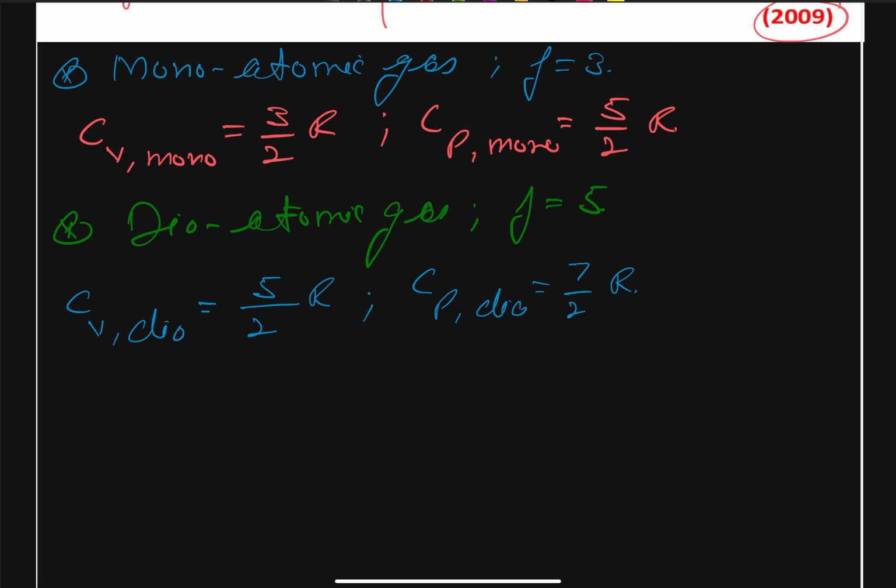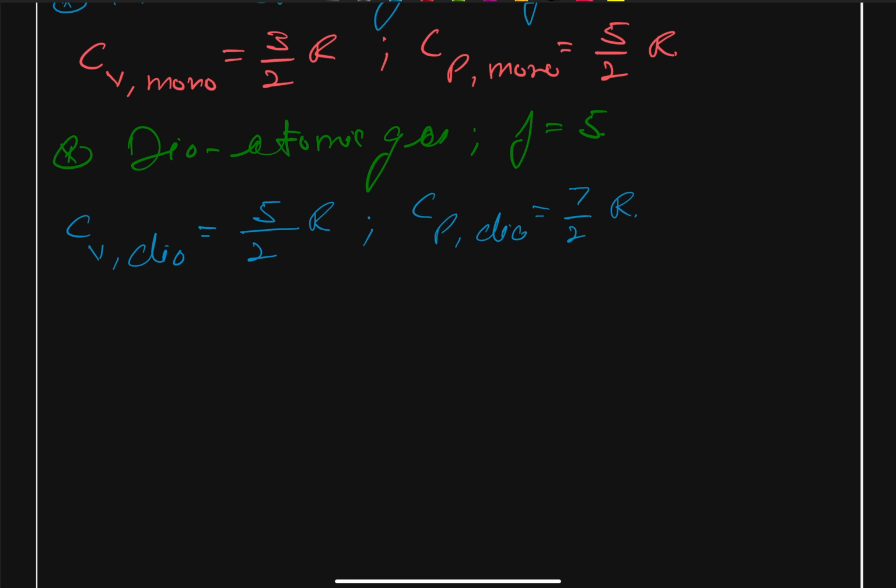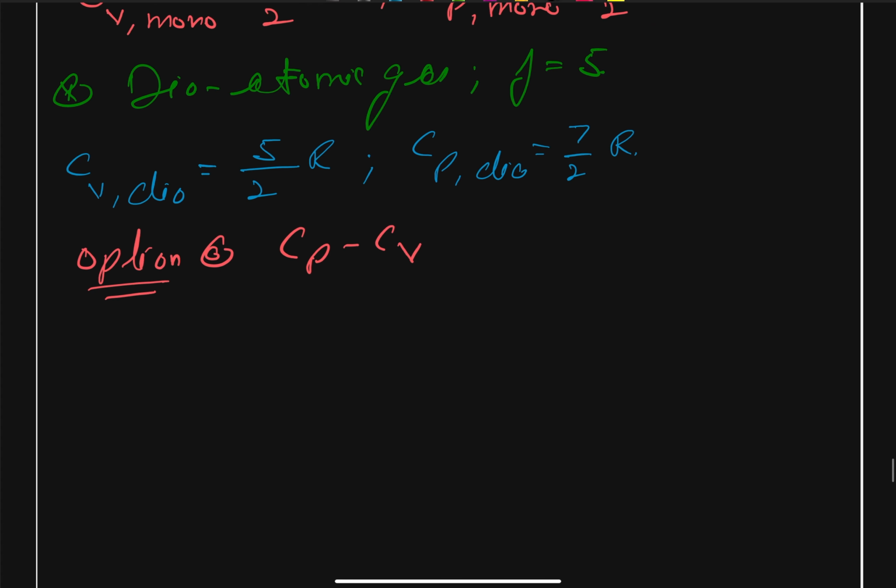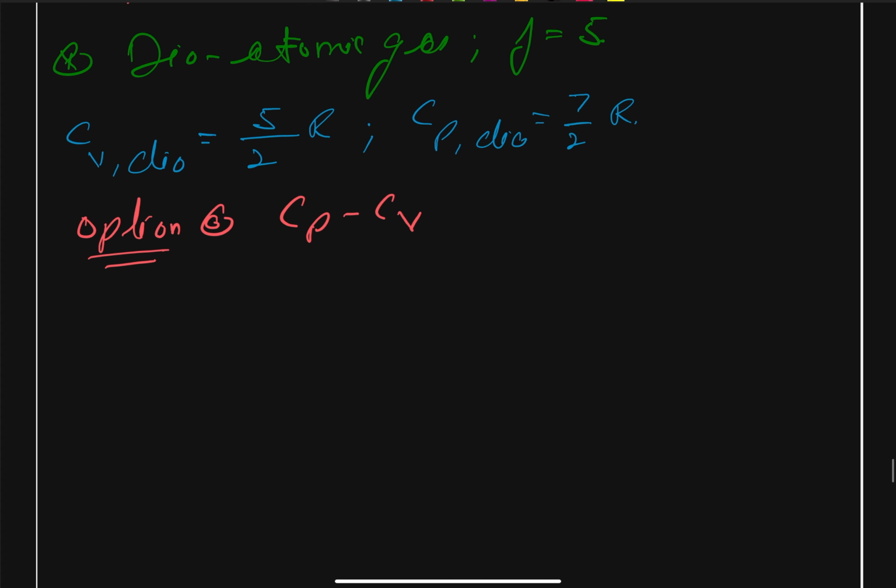Now we can find out what the options given to us are. So we have option A. Option A, we are supposed to find Cp minus Cv. Let us do it for monatomic.